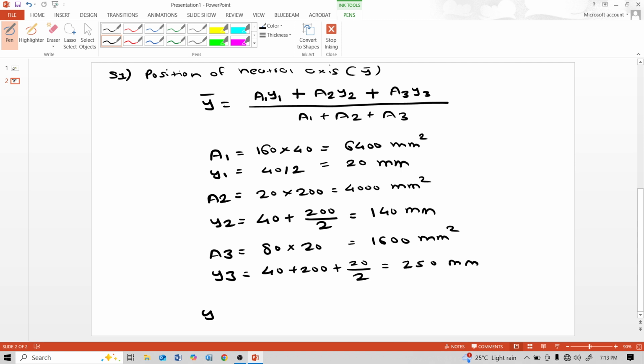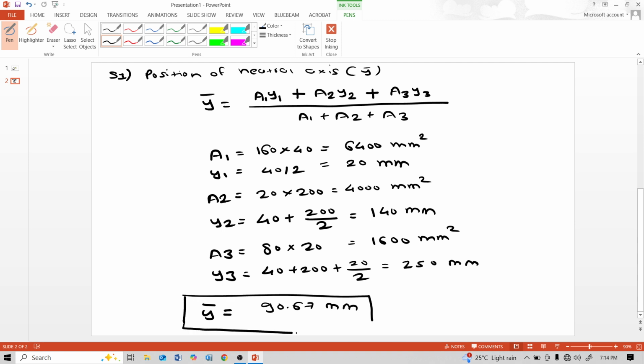Put all these values, A1 to Y3, in the y bar equation, so we get the position of the neutral axis from the bottom fiber. 6400 multiplied by 20 plus 4000 multiplied by 140 plus 1600 multiplied by 250, divided by 6400 plus 4000 plus 1600, gives 90.67 mm as the position of the neutral axis from the bottommost tensile fiber.